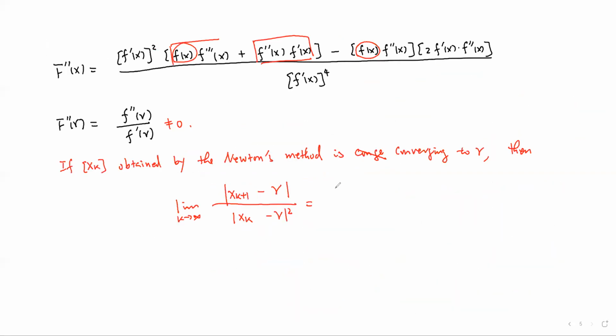So this is 1 over 2 factorial times capital F second derivative at R. This number is non-zero by assumption. So therefore, when the first derivative is non-zero and the second derivative is non-zero, then Newton's method is order 2.